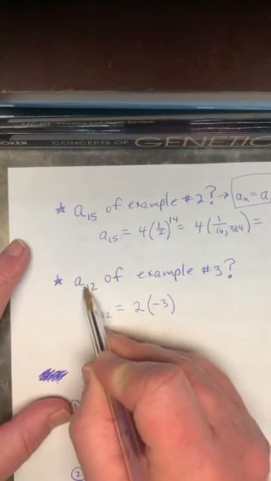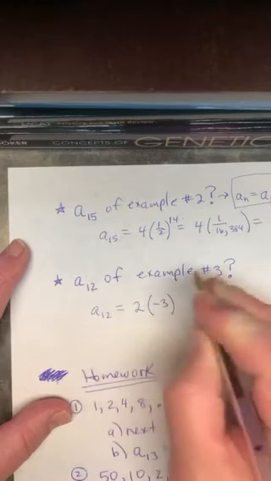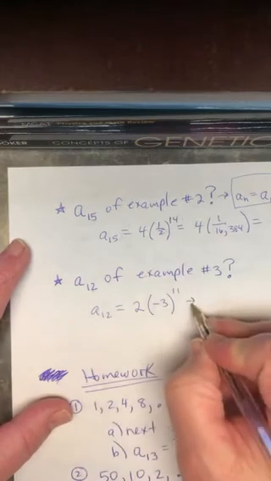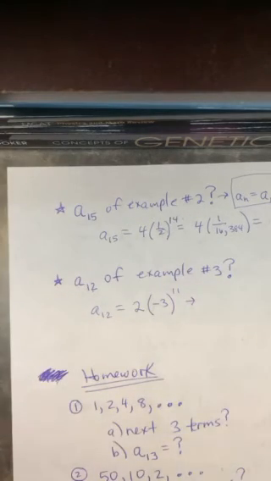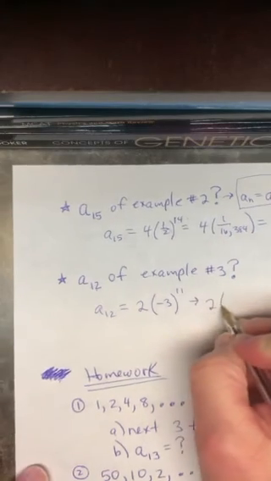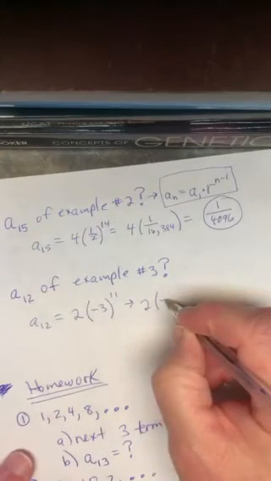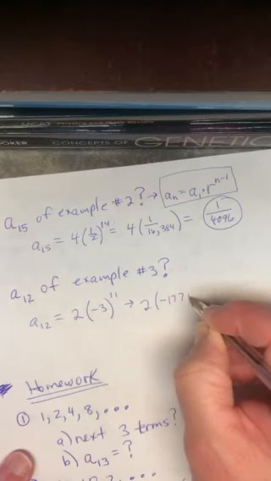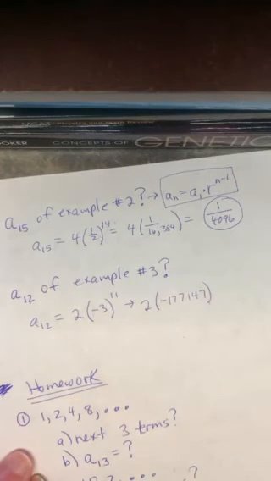So if we're looking for the 12th term, 12 minus 1 gives me 11. So on my calculator, now careful guys, make sure you put the -3 in parentheses. If you don't, it will not give you a negative answer like it's supposed to on an odd power here. You're putting parentheses, -3 raised to the 11th, getting -177,147, believe it or not.